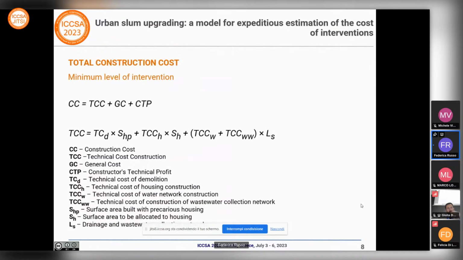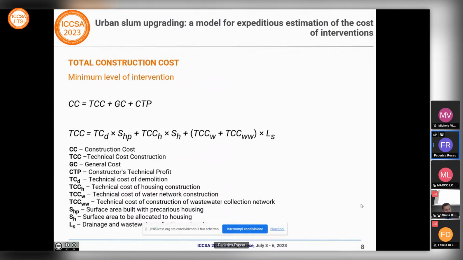These formulas have been made explicit only for the first two levels of intervention because there are no special construction works planned for the fully satisfactory level. Instead, there are only some actions to improve the socio-economic fabric of the slums.